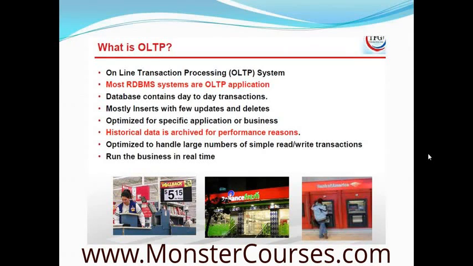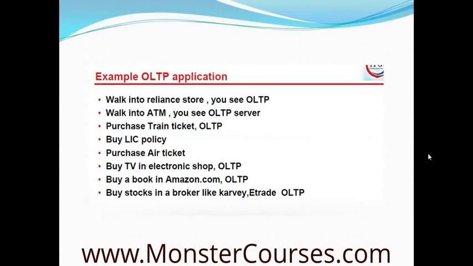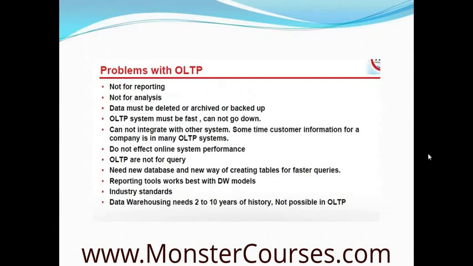Why? Because if you store more data, it becomes a performance issue. So at night, using a mainframe or something similar, they move the data to a different server as a data warehouse for archiving purposes. These are some normal examples of OLTP systems.